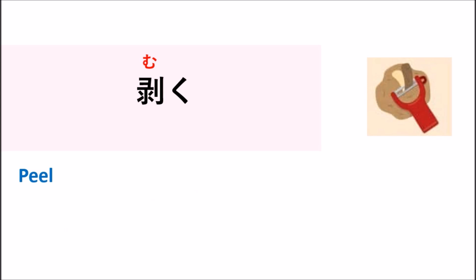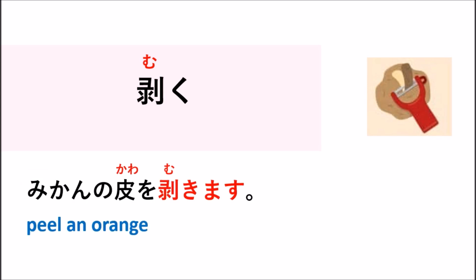And here we have an example like Mikan no kawa o mukimasu, which means peel an orange. Mikan means orange, and kawa means the skin, or the leather.